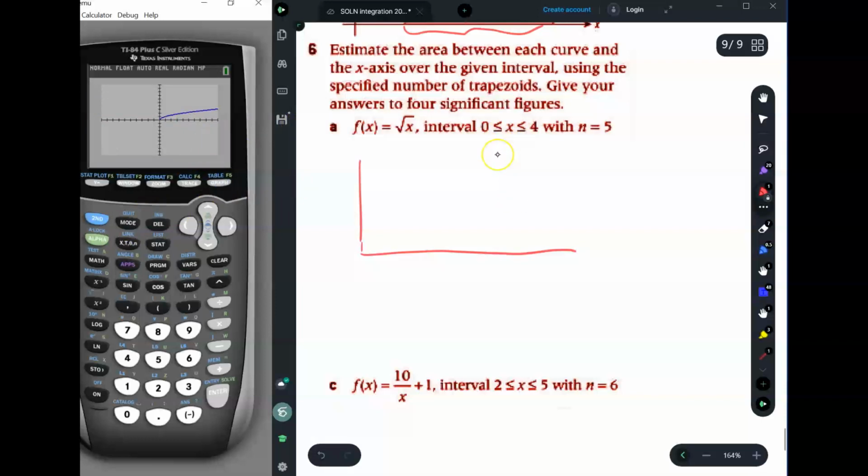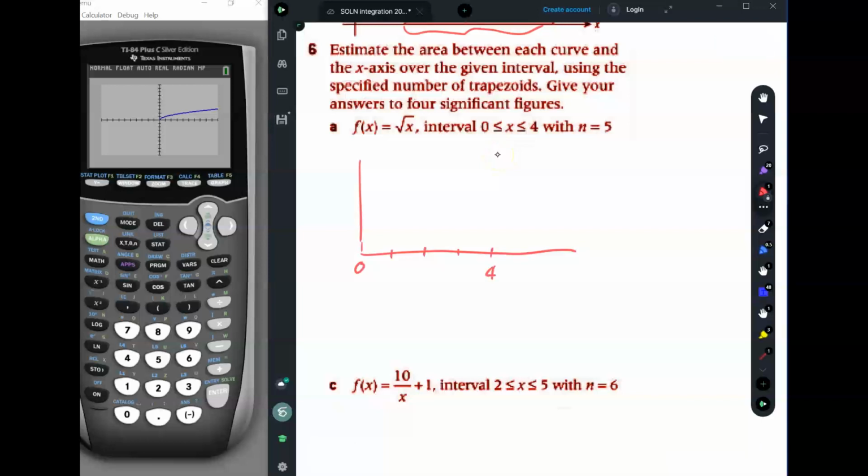The interval is from 0 to 4. And it's going to be cut into 5 segments, which is not super friendly, right? By the way, 4 units divided by 5 segments is going to be 0.8.